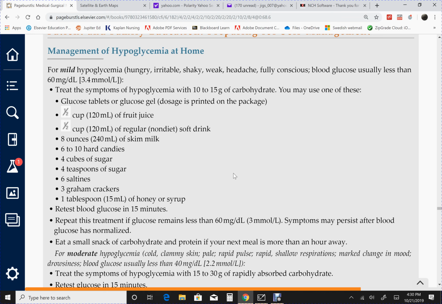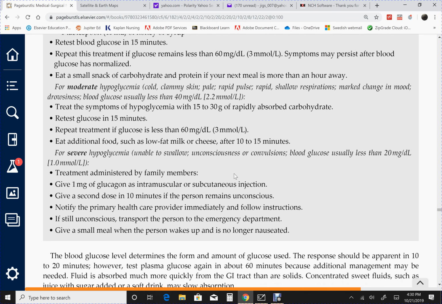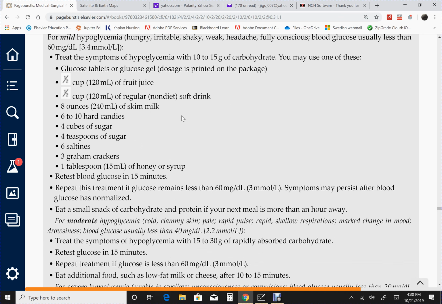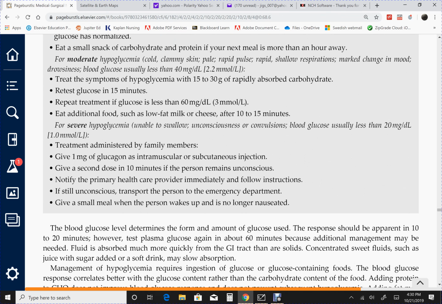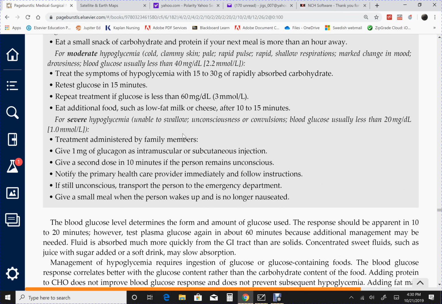Okay, they'll of course aspirate. So in which case the patient is under mild, however the symptoms are already severe, then you'll have to implement the interventions for severe. Okay, so just use common sense. If the patient's unconscious, then obviously they're not tolerating hypoglycemia very well. You can't give them anything by mouth.